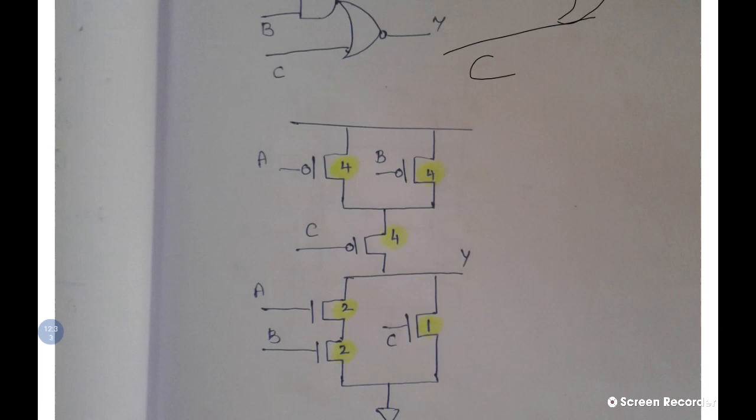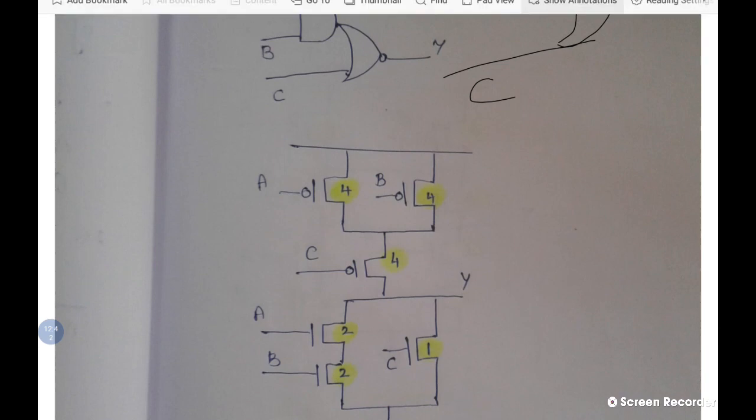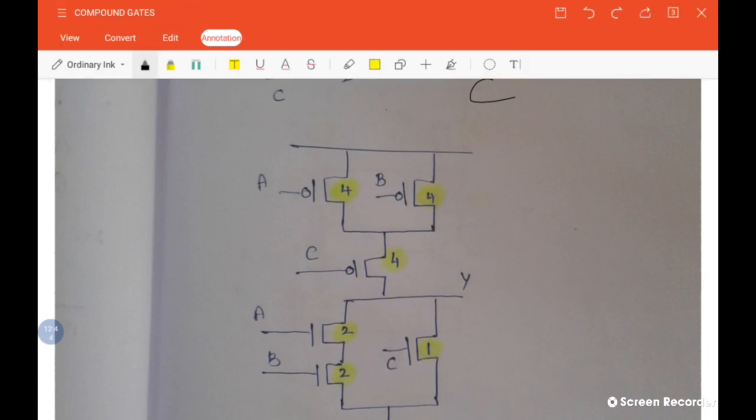For an NMOS, the effective resistance is taken like this: R by K. That means you have to define the size of the NMOS by R by K times, where K defines the size of the NMOS. And then for the PMOS, the size is 2R by K.